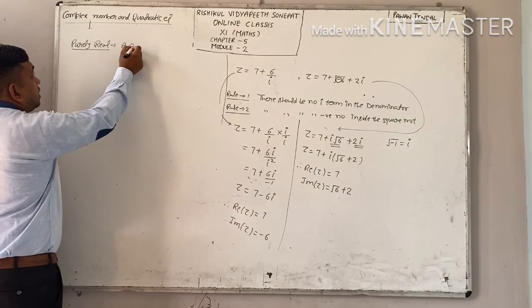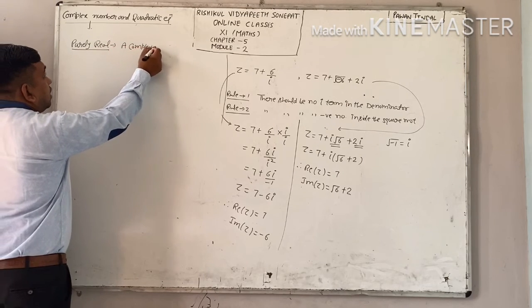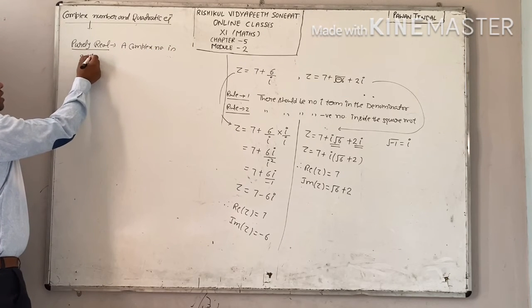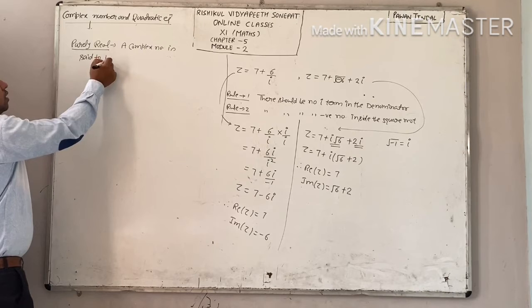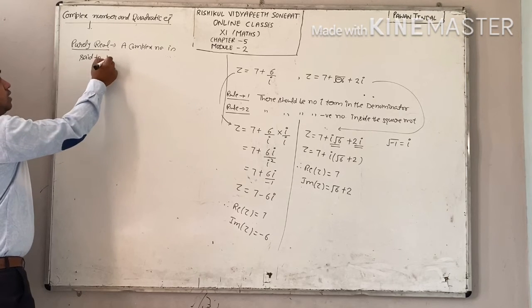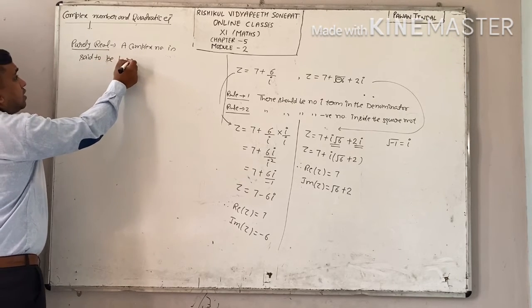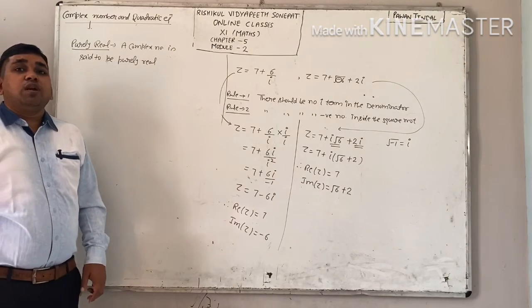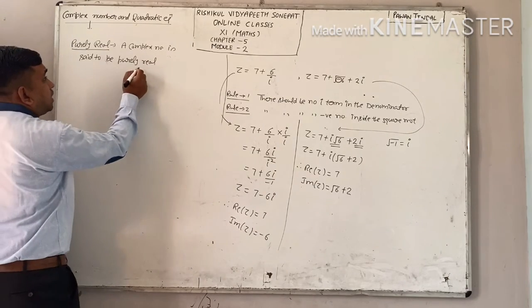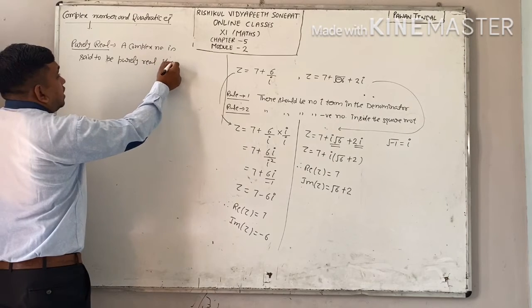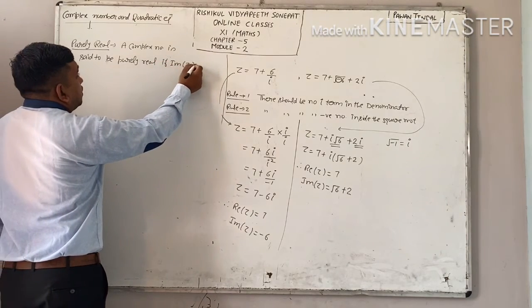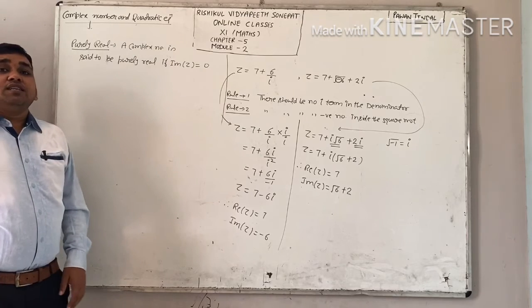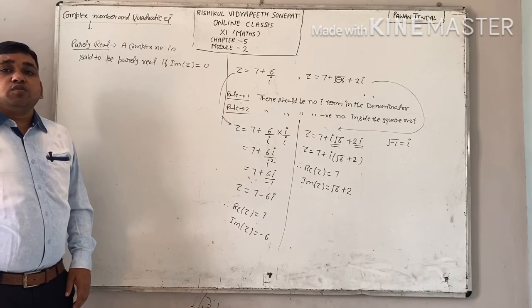A complex number is said to be purely real. As clear from the name, we require a purely real complex number if imaginary part equal to 0. Means the complex number in which imaginary part is 0, that is called your purely real.